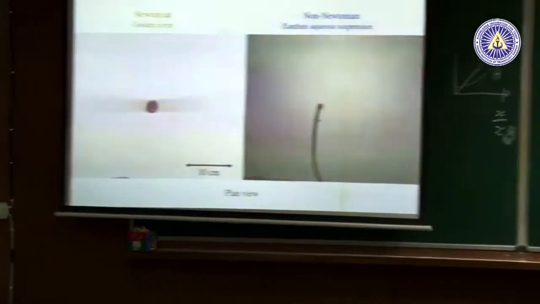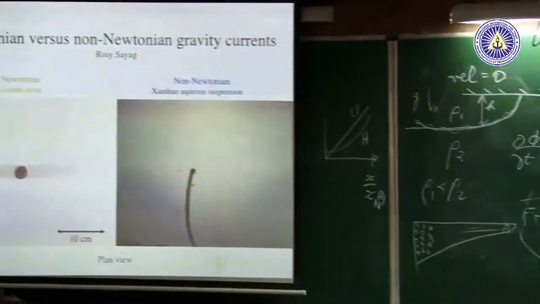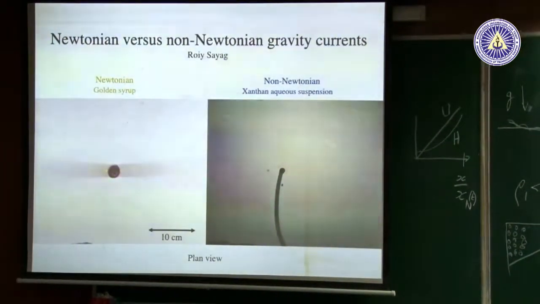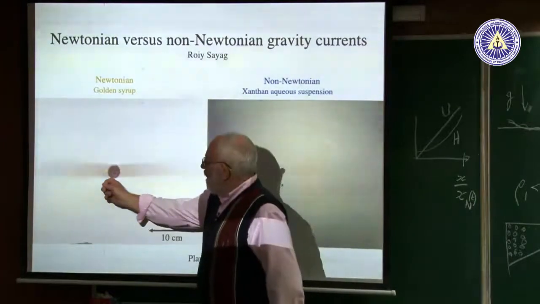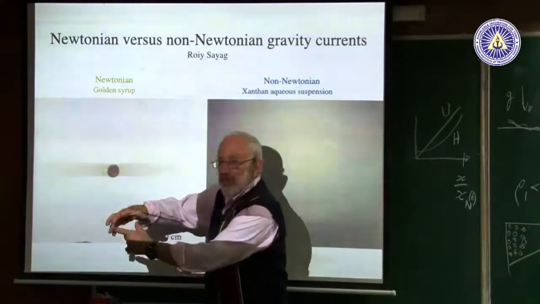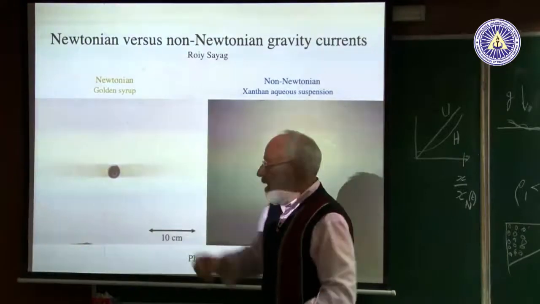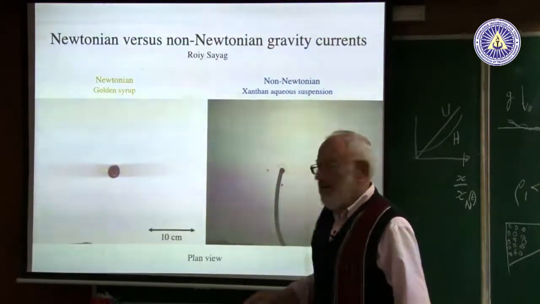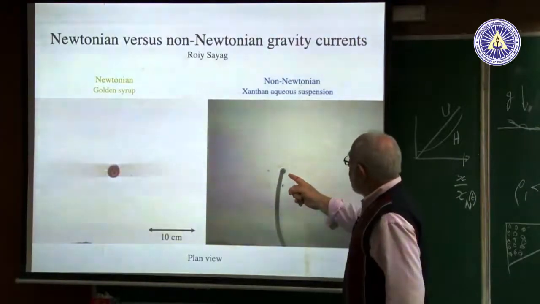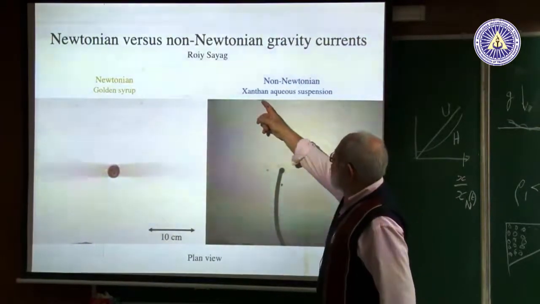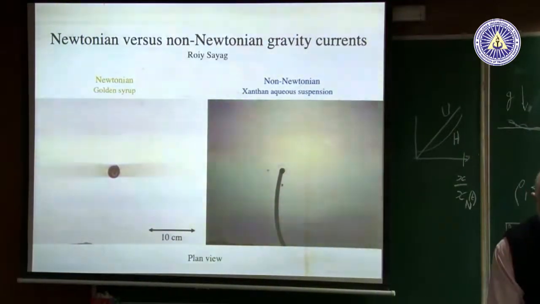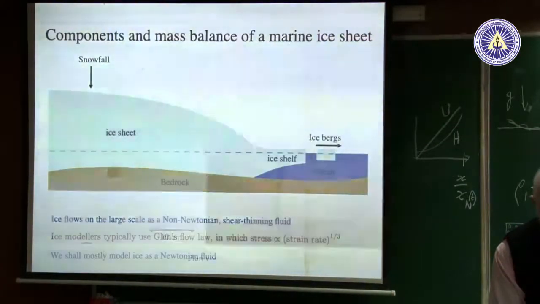Now, this is a video made by Roy Saag, a visiting postdoc from Israel. This is going to be Newtonian syrup that's going to spread just as I did before and axisymmetrically, and you'll see it goes just like t to the 1/8. You'll be able to tell that. And here's a non-Newtonian, very non-Newtonian fluid called xanthan. And let's see if I can get both movies started at the same time. Oh, damn it.